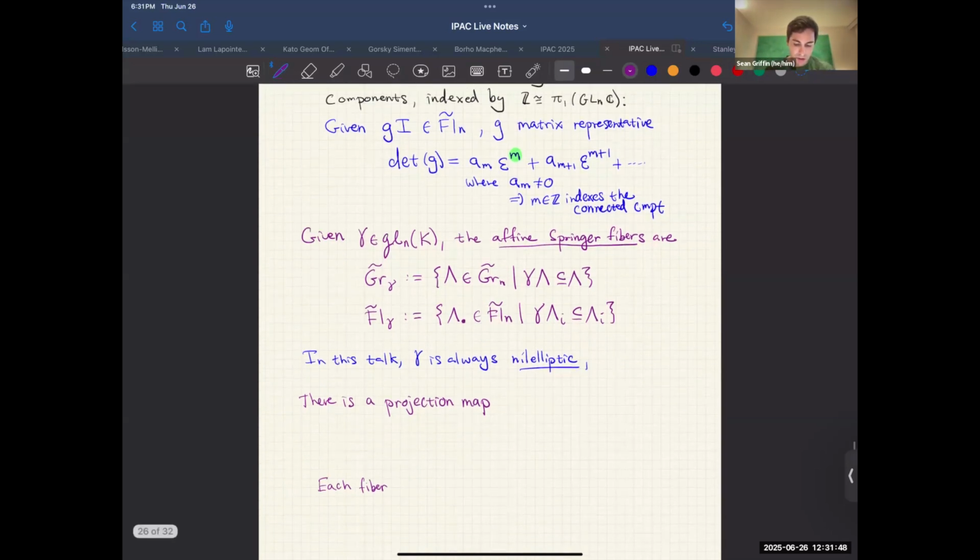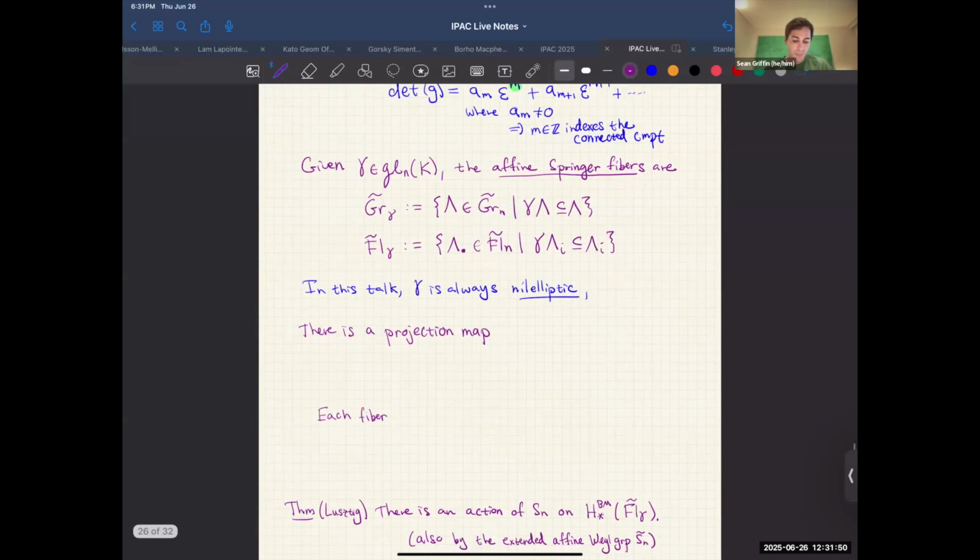In this talk, all of the operators will have this property called nil elliptic, which essentially means that as you keep applying the operator, the epsilon powers are predictable, in the sense that the limit of gamma to the m-th power as m increases is zero.